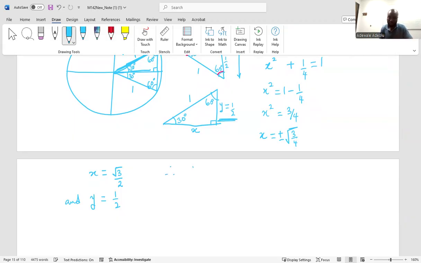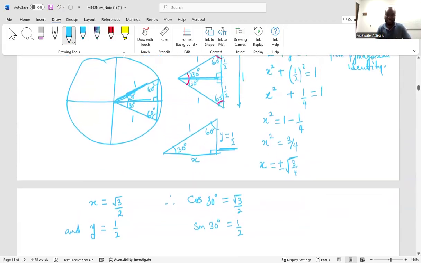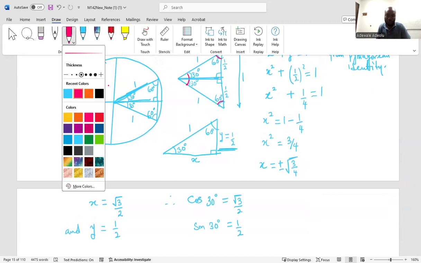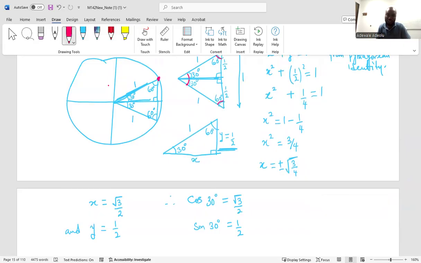Therefore, cosine of 30 degrees or pi over 6 is root 3 over 2, and sine of 30 degrees is 1/2. So again, we have been able to find the terminal point, or the coordinates, of 30 degrees. So x is root 3 over 2 and y is 1/2.